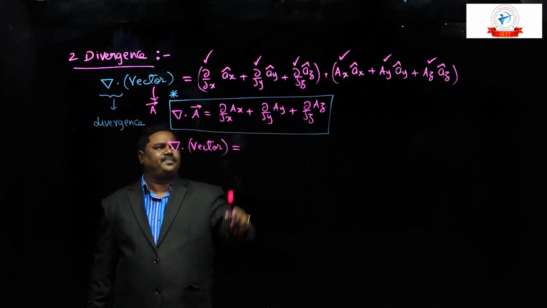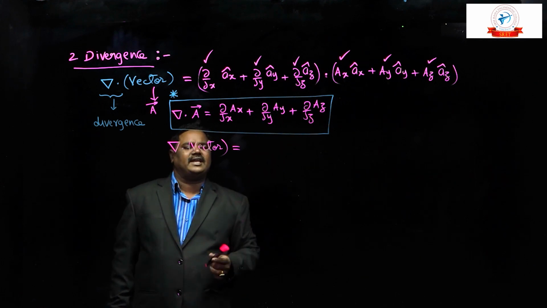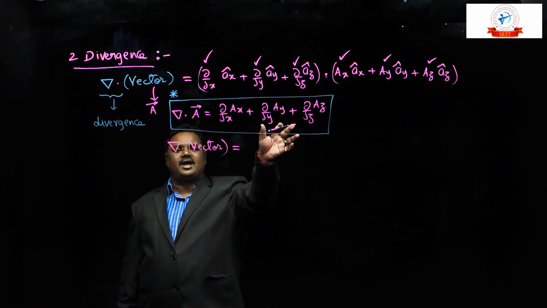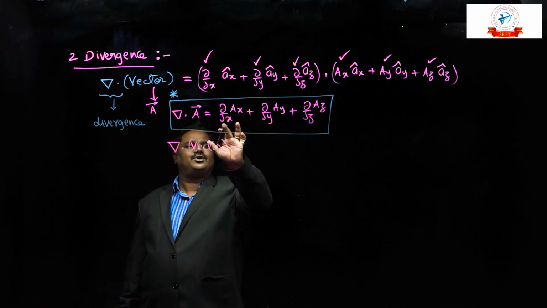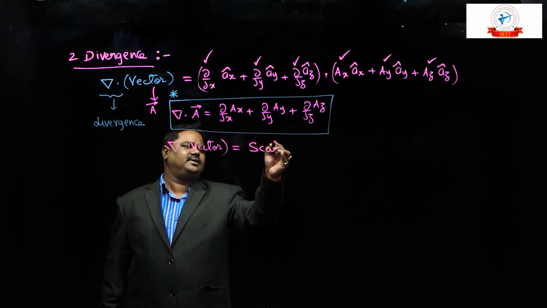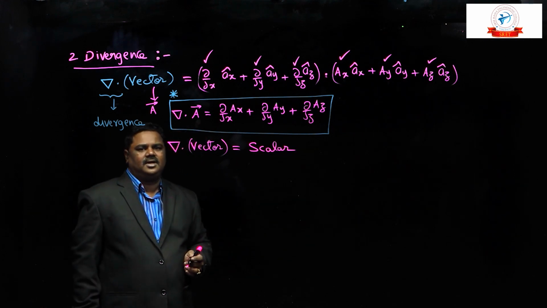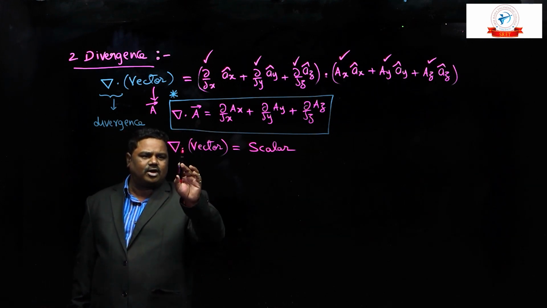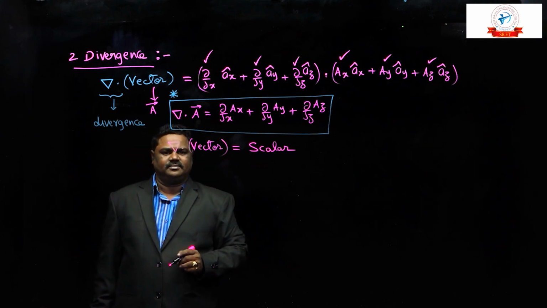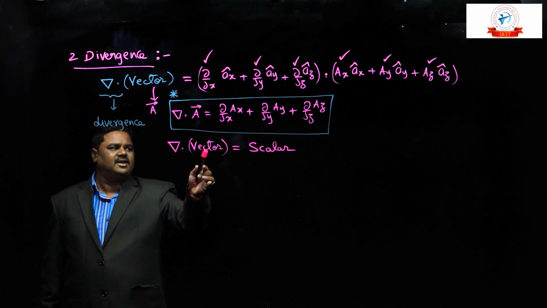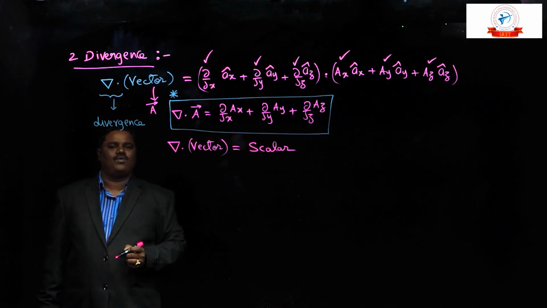If you observe, the resultant equation does not have any direction. It does not have ax cap, ay cap, or az cap. So this entire quantity is a scalar. From school basics, we know the result of a dot product is always a scalar. So finally, divergence is applicable on vectors and the result is a scalar quantity.